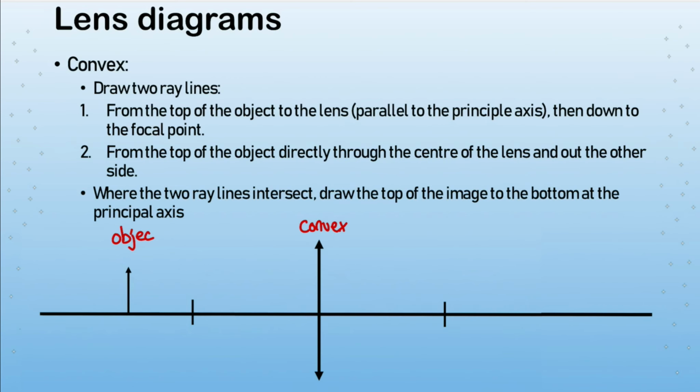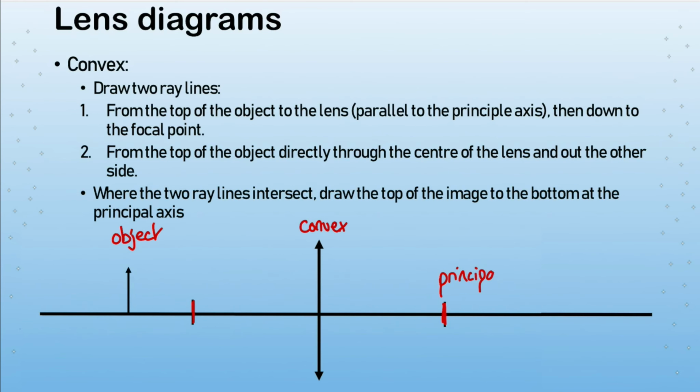This is just an arrow, and the object is represented as an arrow because it shows the orientation of the object and also its size. So it's got a magnitude and its direction it's facing, because we want to know if these objects get inverted or they remain upright, and we also want to know if they get smaller or bigger or remain the same size. So this is a convex lens, we've got our object, and you've also got this extra mark here and here, which is a certain distance away from the lens, and that's a principal focus.